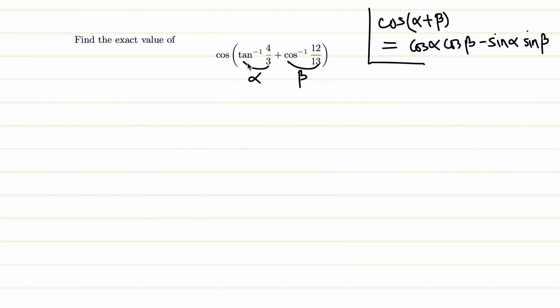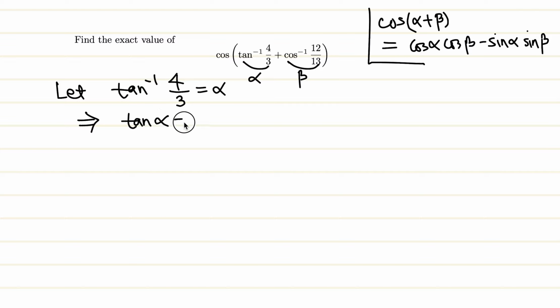Okay, so let's assume this is alpha. Tangent inverse of 4/3, we are saying that's angle alpha. That is the same as tangent of alpha is 4/3. Now based on this tangent alpha, which is tangent is what?